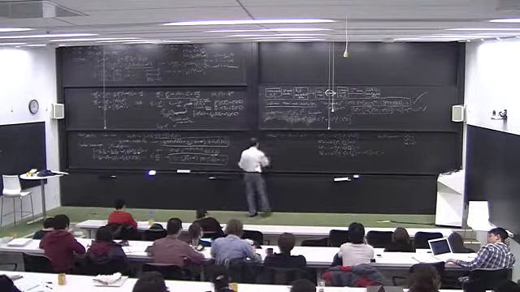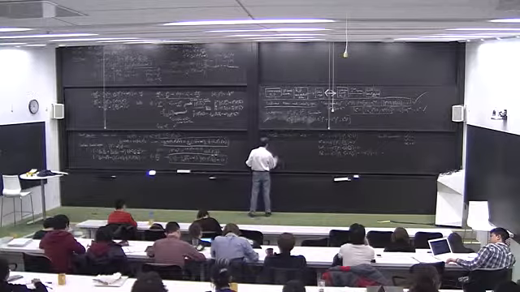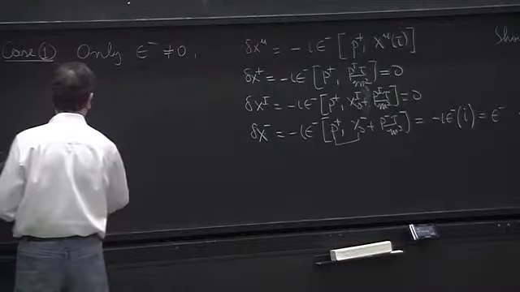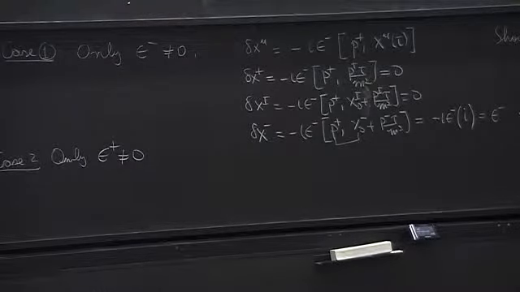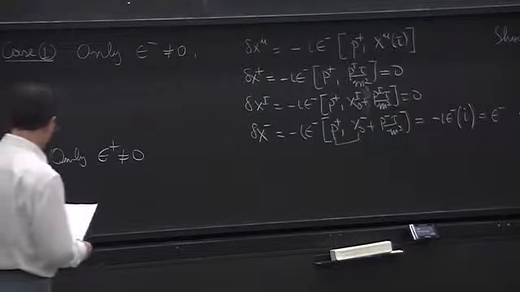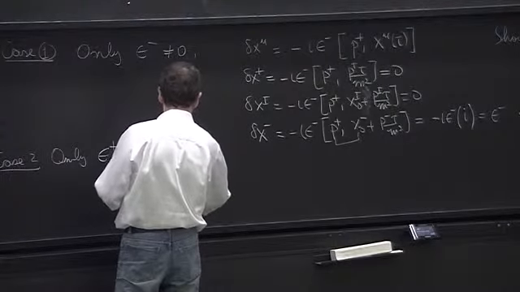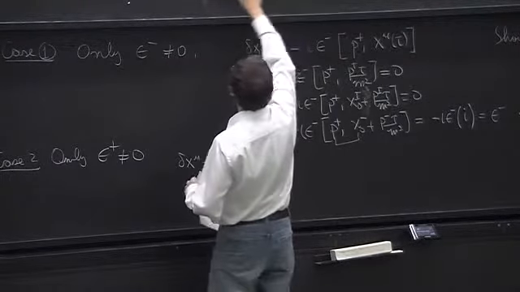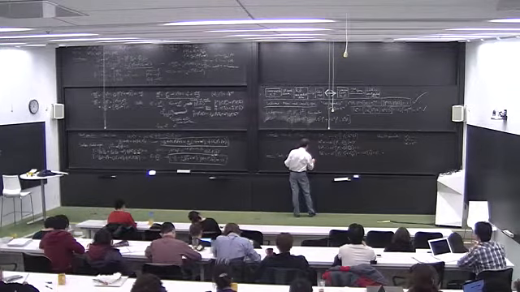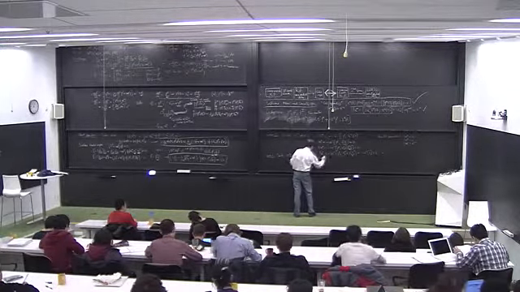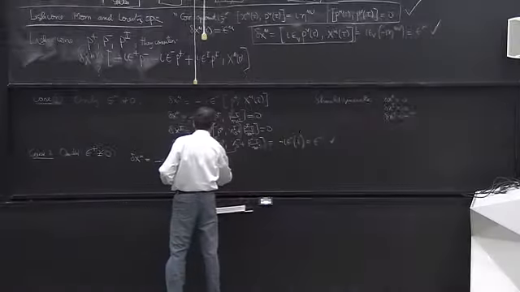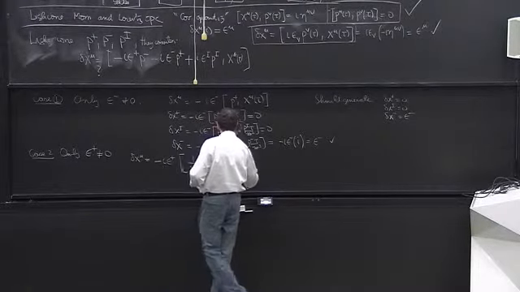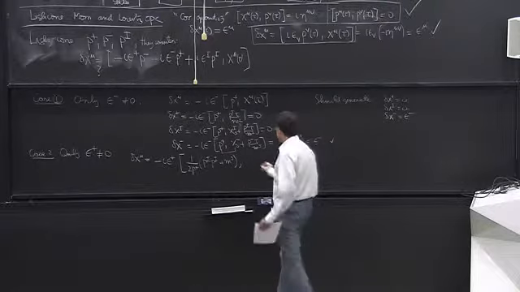So let's do another one. Case 2. Only epsilon plus different from 0. Okay. So in this case, delta x mu would be equal to minus i epsilon plus p minus, I'll write what it is, 1 over 2 p plus, pi pi plus m squared, with x mu of tau.